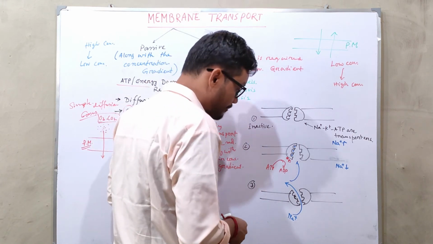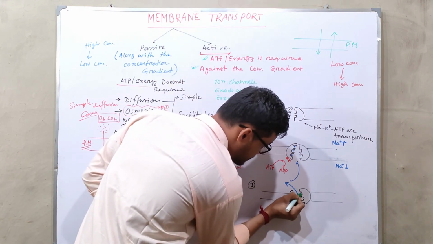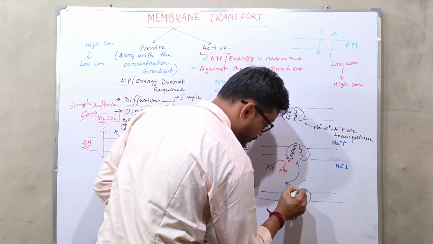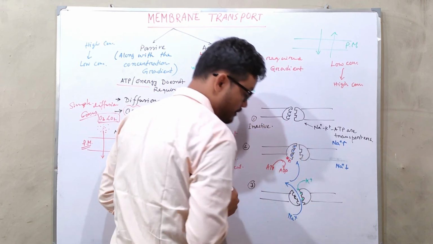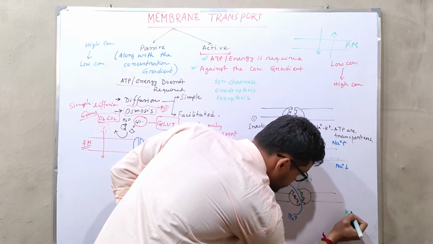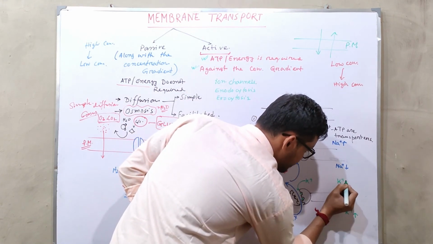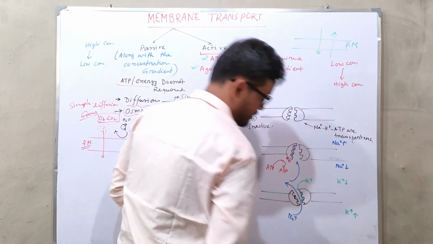At the same time potassiums attach to the channel protein, because potassium concentration is higher inside and lower outside.